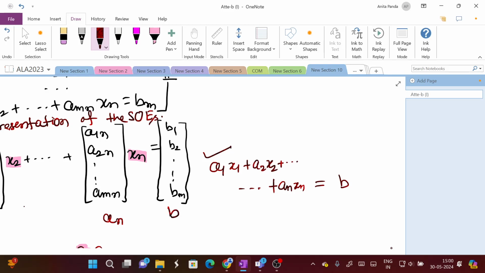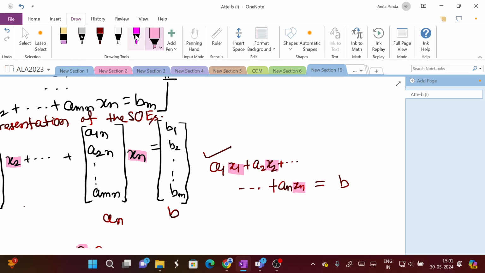That means what? If I have some scalars x1, x2 and xn, and the system of equations has a solution, then b is equal to a scalar multiple of a1 plus another scalar multiple of a2 plus and so on up to another scalar multiple of an.